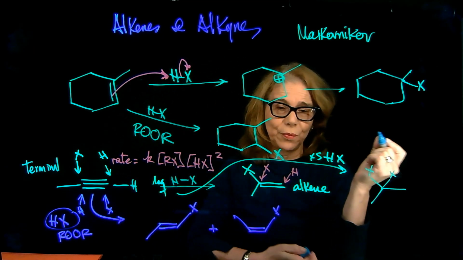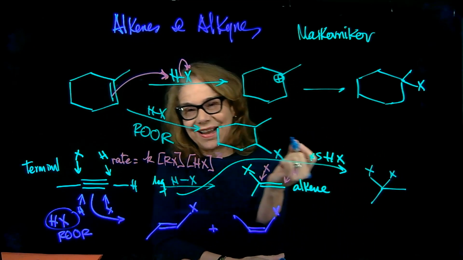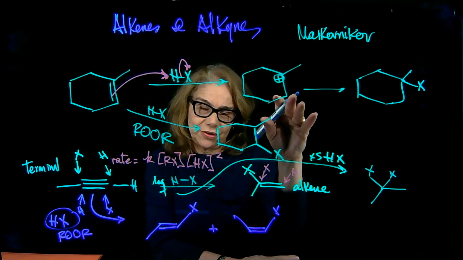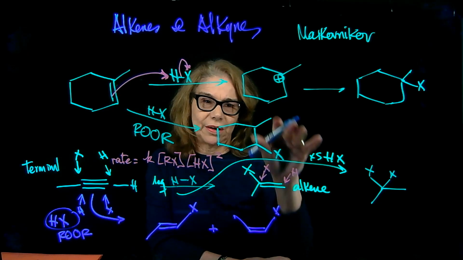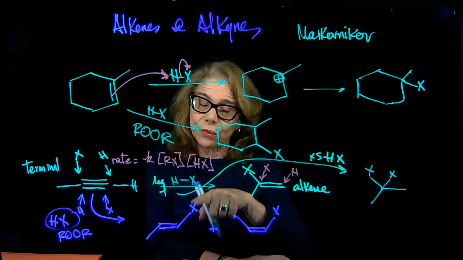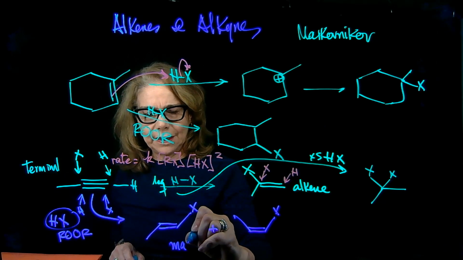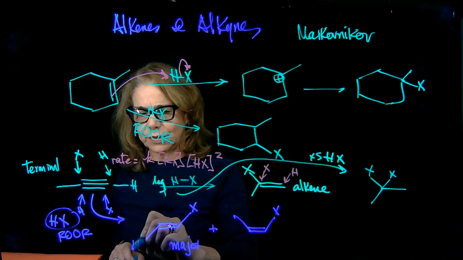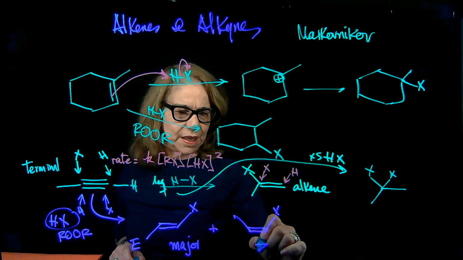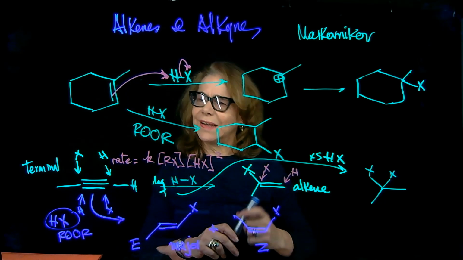That is different from what we would expect in the case of an alkene doing anti-Markovnikov hydrohalogenation, where you have only one product. Here you will have two, and the major product is the E isomer, the opposite of the Z. Okay, so that's what's different.